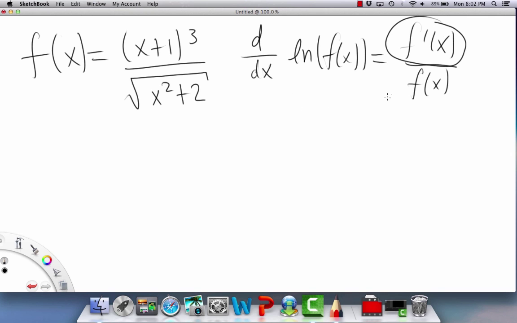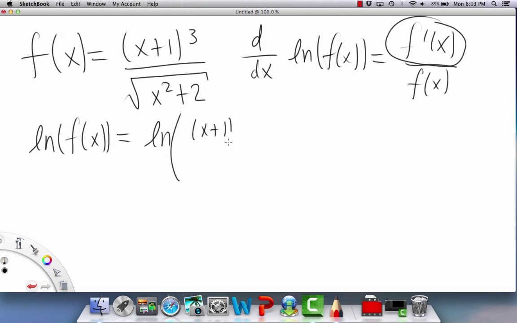Alright, so how we're going to approach this is take the derivative of the ln of this function. So we're going to ln both sides first of all. So ln f of x on the left equals the ln of everything on the right. So like this.